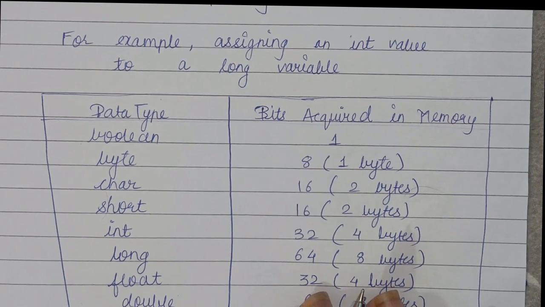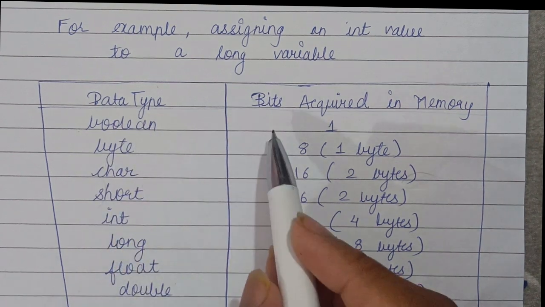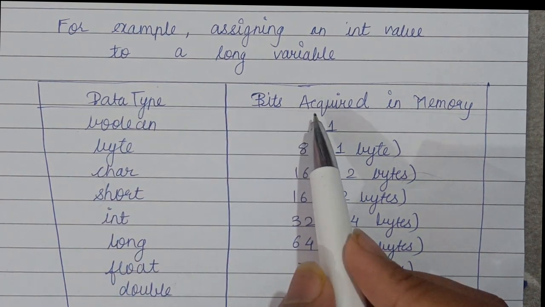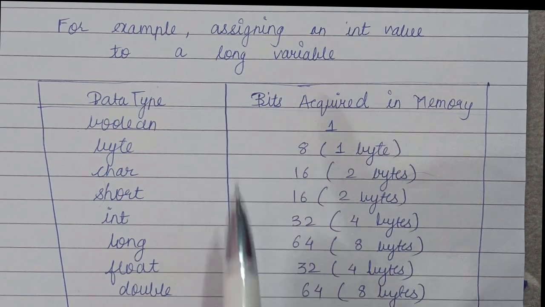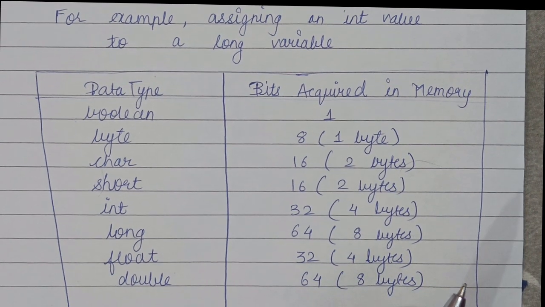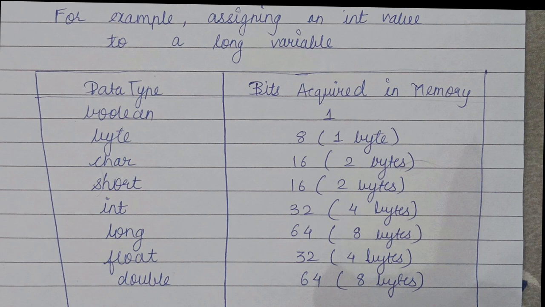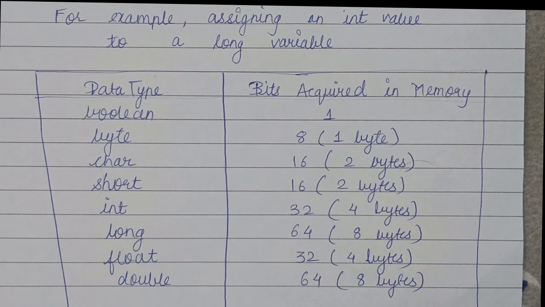So this is the table where data types are there and the bits required in memory. Means what memory is allocated to a data type if we create it in memory.